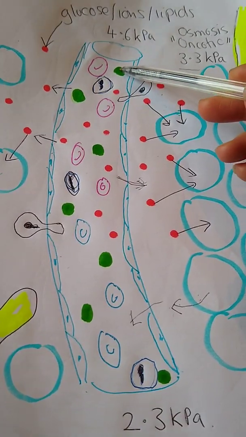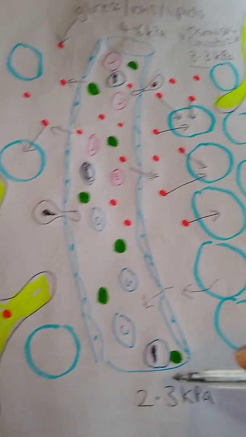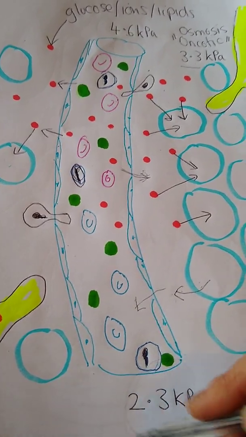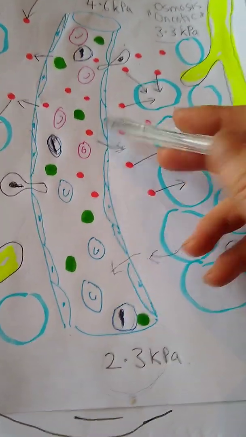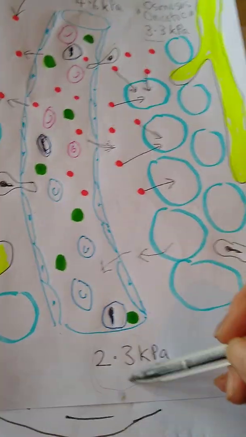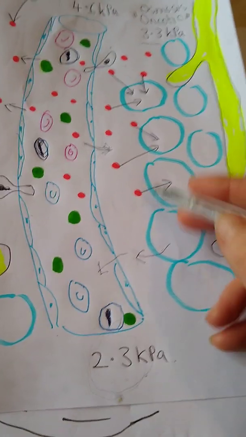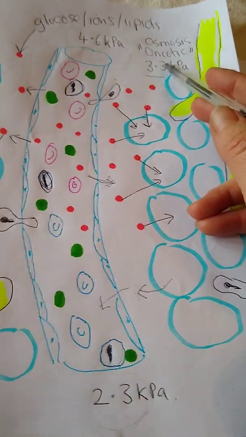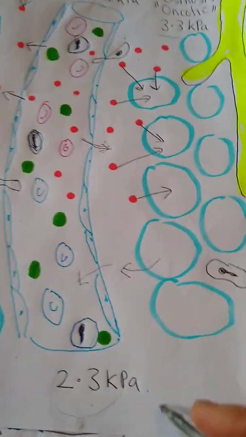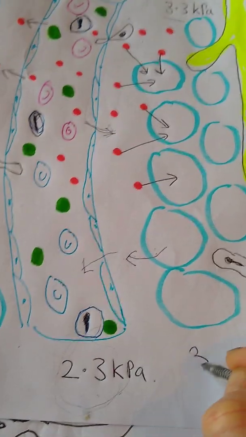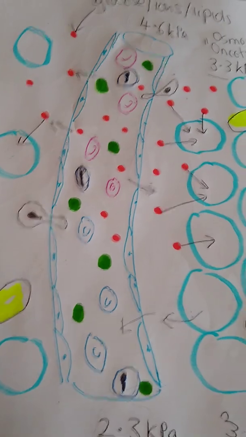As we move through the capillary, you'll see that the hydrostatic pressure has reduced because it's just lost energy as it flows through the tube. So the hydrostatic pressure at this end is only 2.3 kilopascals, whereas the oncotic pressure is still 3.3 kilopascals.